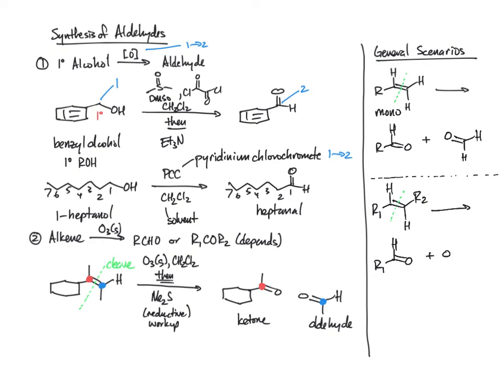And then, depending on what R1 and R2 are, if they're the same thing, you'll end up with one type of aldehyde. But if R1 and R2 are not the same, you'll end up with two different aldehydes. And again, I always encourage you to think about what their carbon or proton NMR would look like.